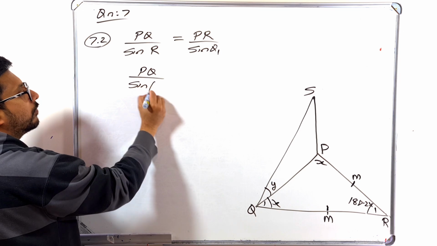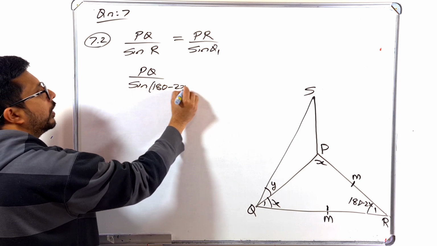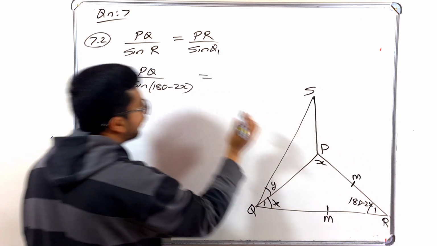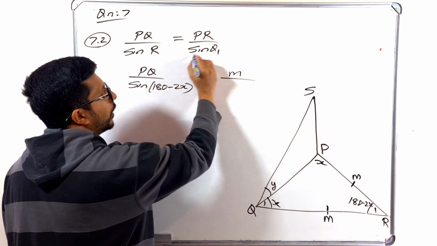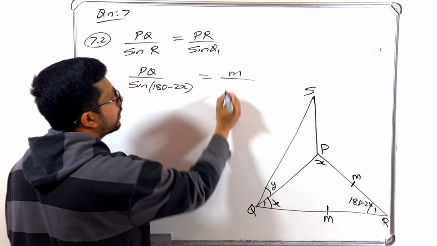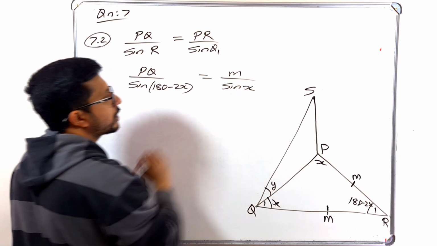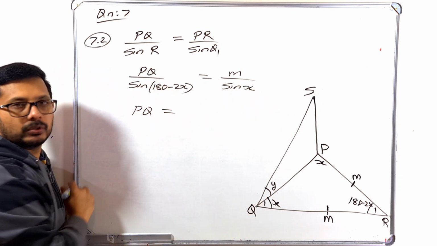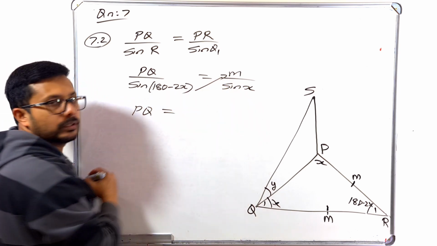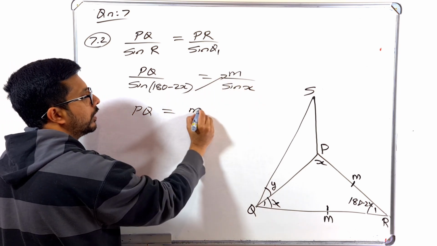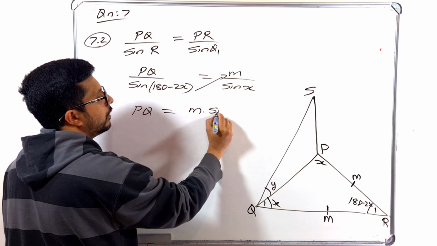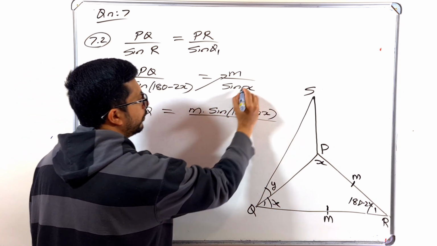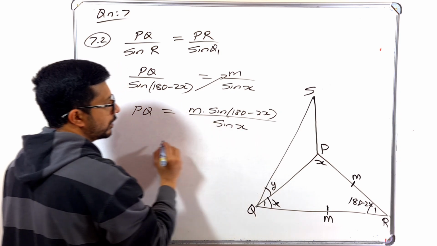So PQ over sine of 180 minus 2x is equal to PR, which is m, divided by sine Q1. Q1 is x, so it is sine x. So how can you find PQ? You cross multiply, so m is already there, then sine of 180 minus 2x divided by sine x.